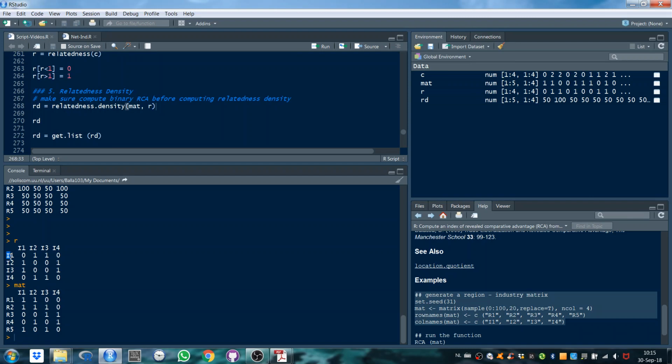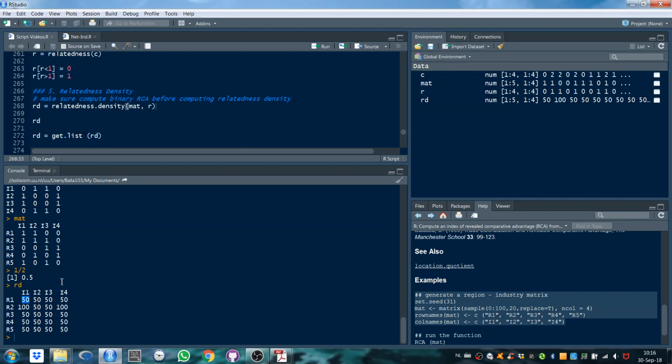So again, Industry 1 is related to Industry 2 and Industry 3, and Region 1 has Industry 2, but not Industry 3. Out of the 2 industries related to Industry 1, Region 1 has one of the 2. It gives you 0.5, which means 50%. So now if you look at the relatedness density, this is why you get 50 here.